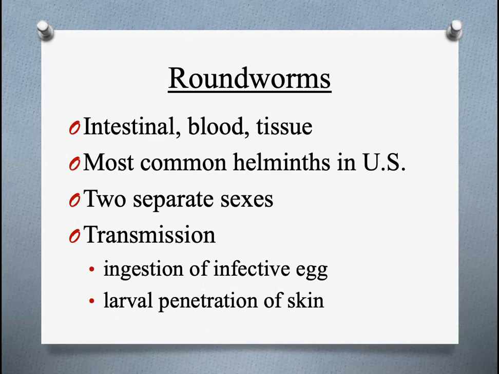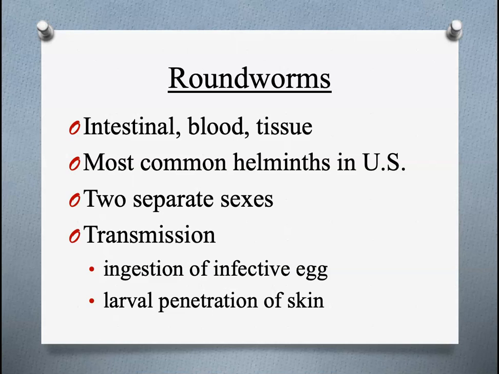So starting with the roundworms, there's intestinal roundworms, blood roundworms, and tissue roundworms. We will not be discussing the ones that live in the blood. So for this course, we're only focusing on the intestinal ones and then one tissue roundworm. Of all the helminths, these are the most common in the U.S. They possess two separate sexes, so there's always going to be a male and a female form.